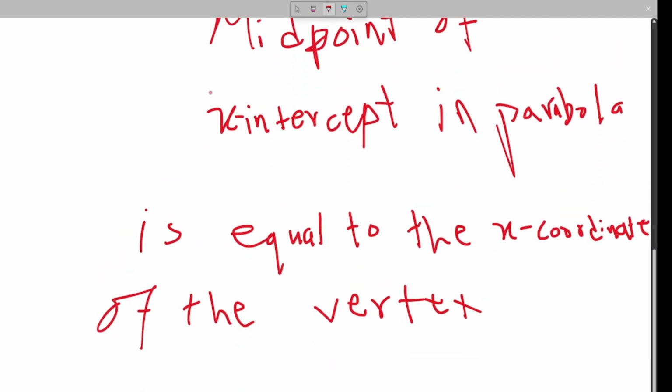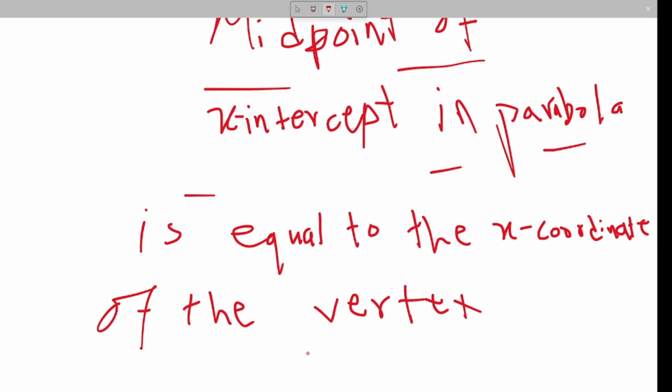Yeah, the midpoint of the x-intercepts in a parabola is equal to the x-coordinate of the vertex.